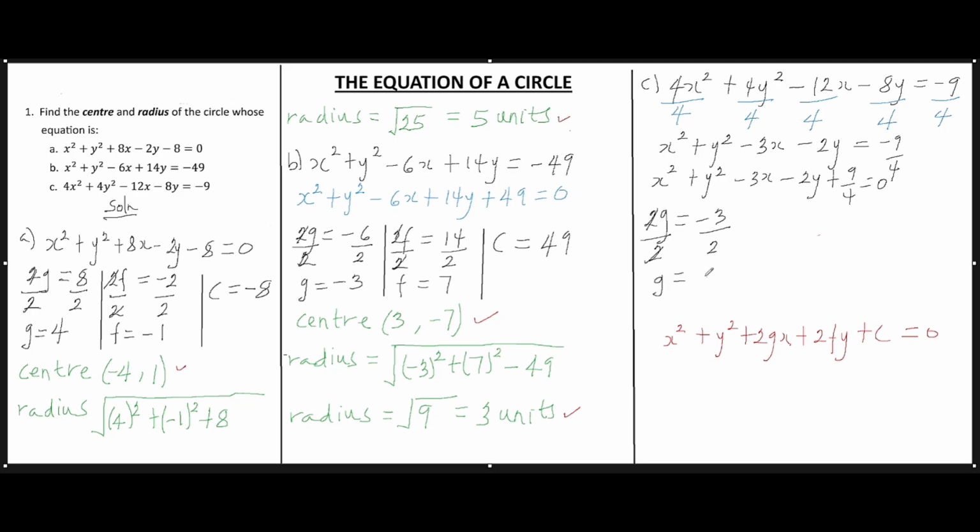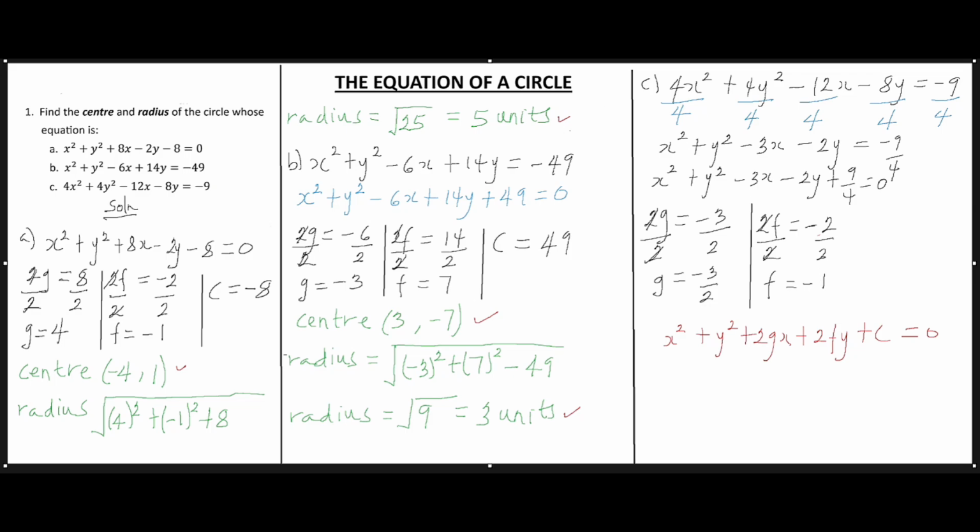So we have our g as minus 3 on 2. Next, we know that the coefficient of y in the general equation is 2f. The coefficient of y in circle C is minus 2. Again, we divide both sides by 2. We have our f as minus 1.